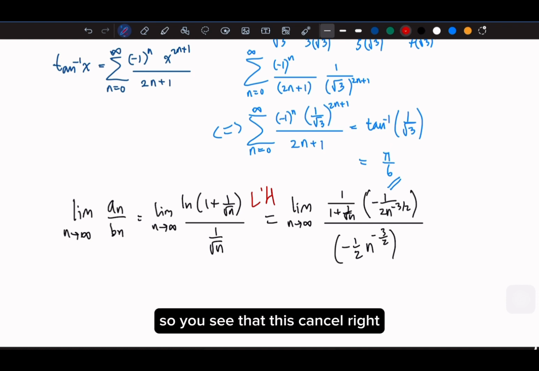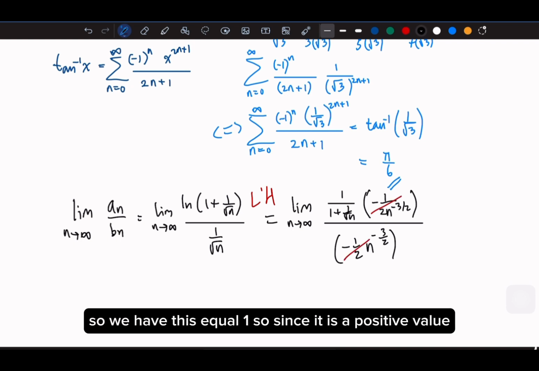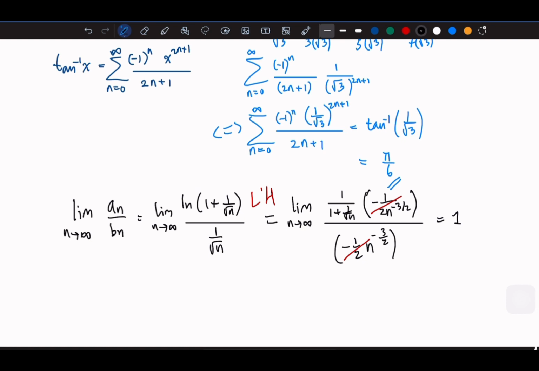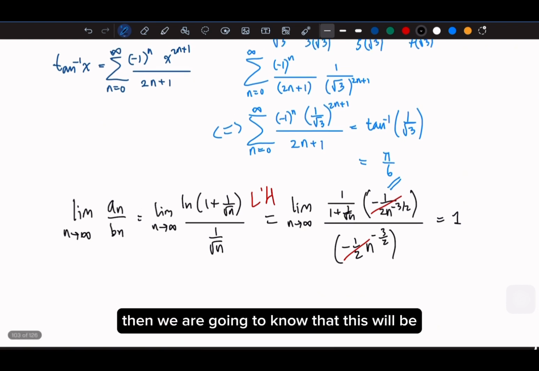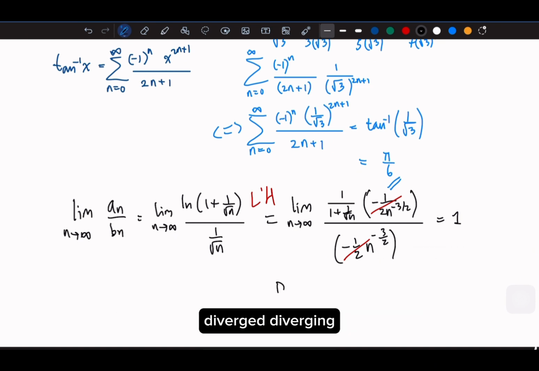So you see that this cancels, right? So we have this equal to 1. Since it is a positive value, we are going to know that this will be divergent, because the comparison series diverges.